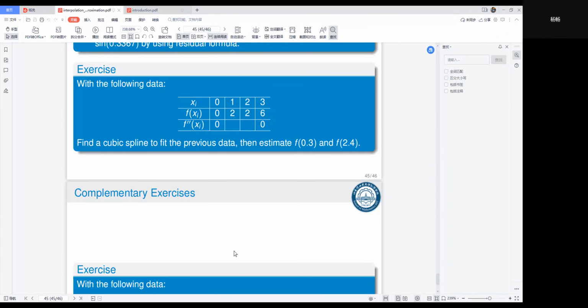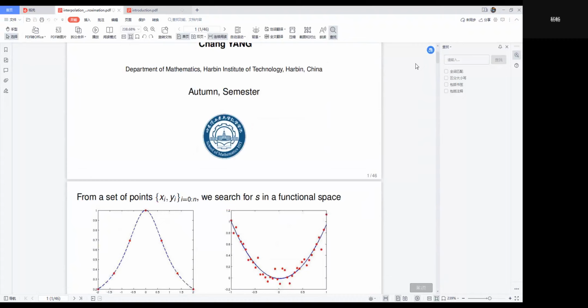When you submit your homework, you can scan it and submit it to my assistant in the WeChat group. She will collect all the homework. Okay, so continue.